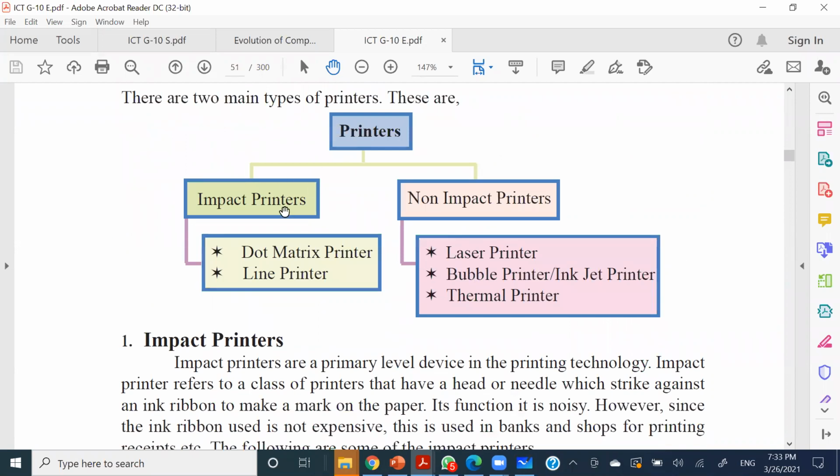The hierarchy. මේක තිබුණම ඔයගොල්ලන්ට idea එකක් එනවා, what are the printers, what are the two types, and what are the examples. So if you need more details, remember you have to refer to the textbook. I'm not going to write all the paragraphs in your book, so there is no point in having those things. So we just have this structure so we can remember how the printers are, right?